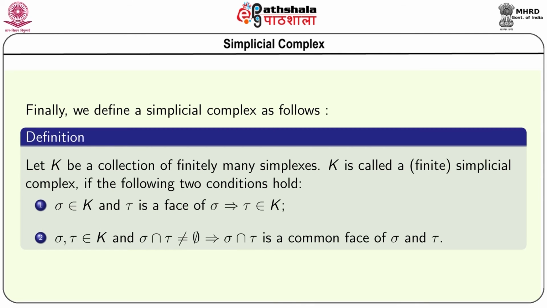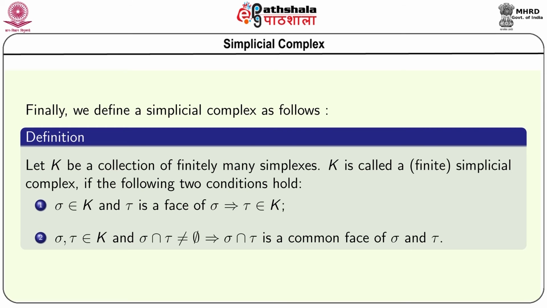Now, if sigma and tau are members of K and sigma intersection tau is not equal to phi, then sigma intersection tau is a common face of sigma and tau. Now, what do we mean by that? Whenever sigma and tau are two members of K, they are two simplexes.